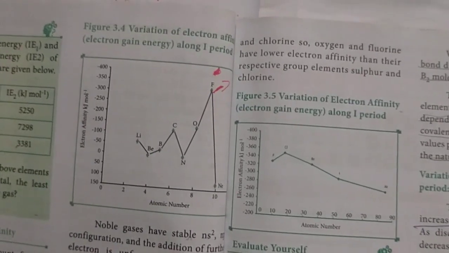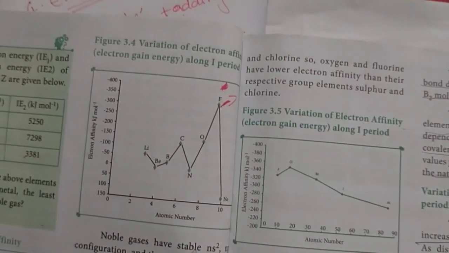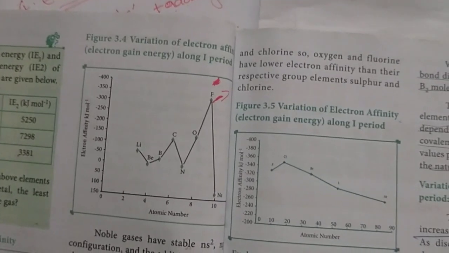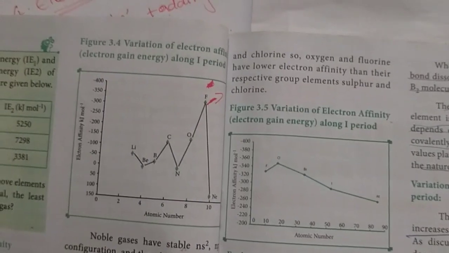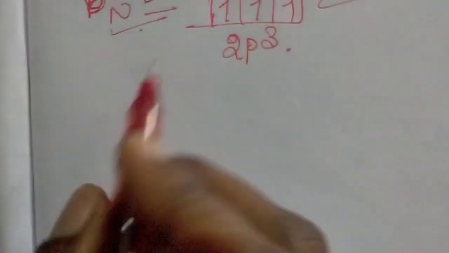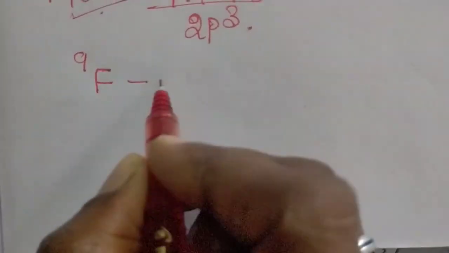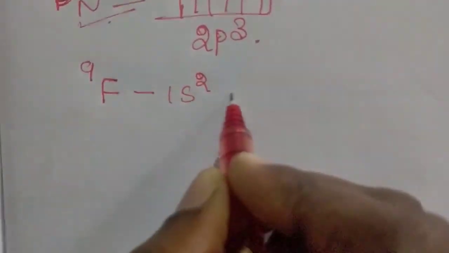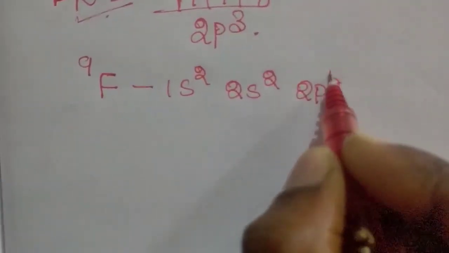That's why fluorine has a higher electron affinity than any other element in a period. Look at fluorine. What is the atomic number of fluorine? 9. Electronic configuration 1s², 2s² and 2p⁵.